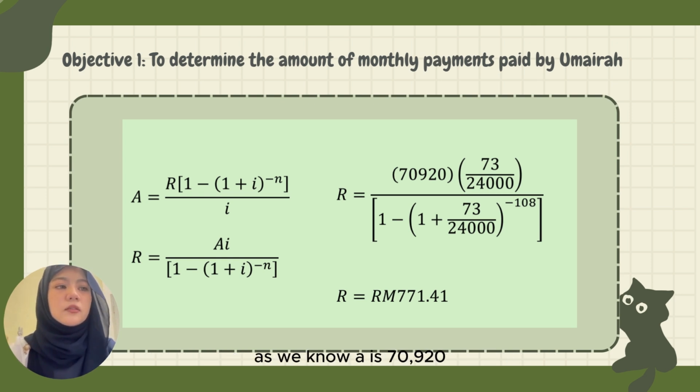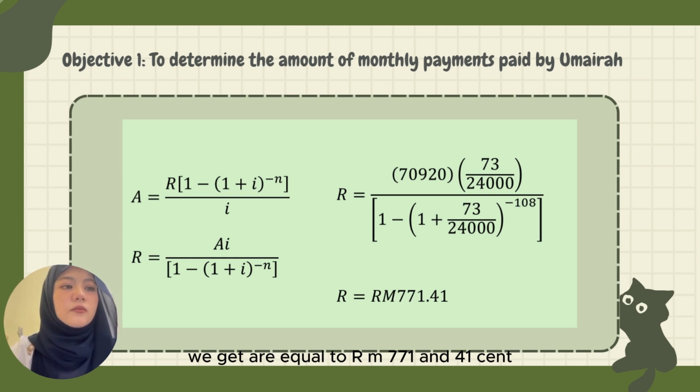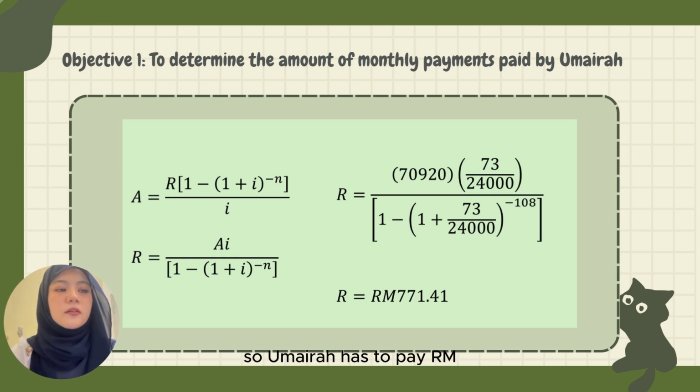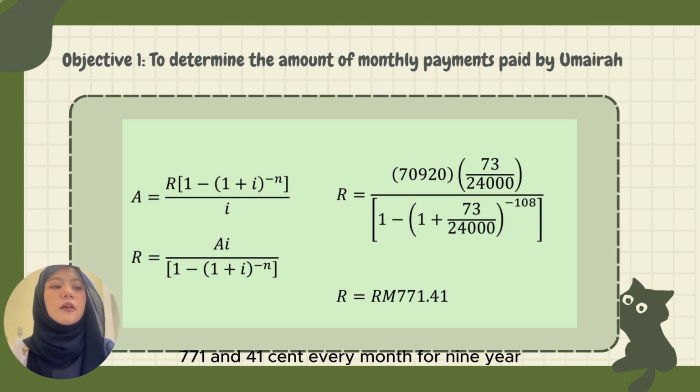As we know, A is 70,920, I is 73 over 24,000, and N is 108. After calculating, we get R equal to RM 771 and 41 cents. So Umairah has to pay RM 771 and 41 cents every month for 9 years.